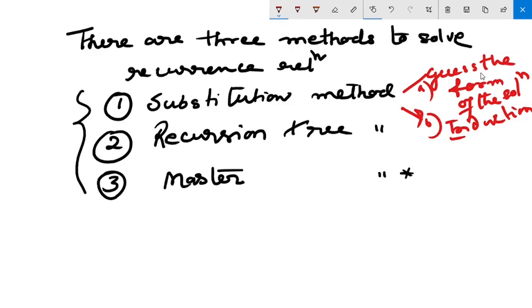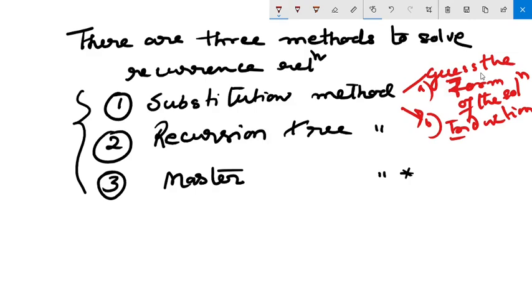Next is the recursion tree method. Although the substitution method can provide a good proof that a solution to a recurrence is correct, it is sometimes difficult to come up with a good guess. That is the problem, because here you will be guessing the solution. During that time we can use a recursion tree.